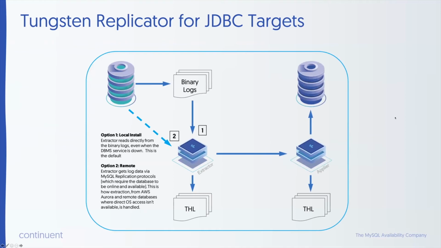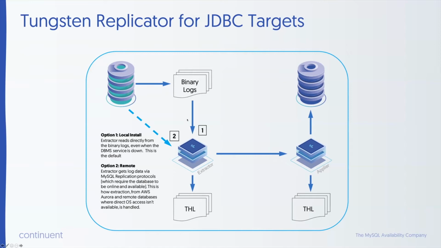So just a little high-level view of how we move the data. This is how it would work with our JDBC targets. So when we're applying into MySQL, Oracle, Postgres, that kind of thing. You have here your source database, and from your source, your database is generating binary logs, and our replicator extracts transactions from the binary logs.